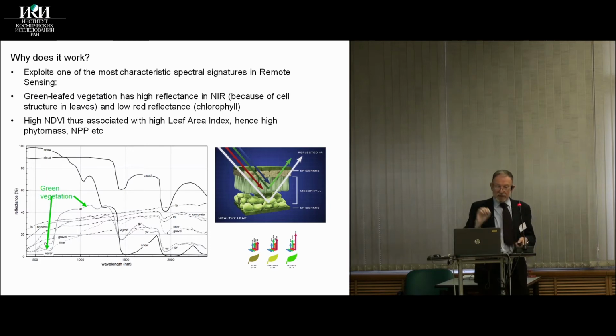So, high values of the NDVI are telling us that the material we're looking at is good at bouncing out infrared photons and good at absorbing red light photons, and that's a thing that green leaves do.